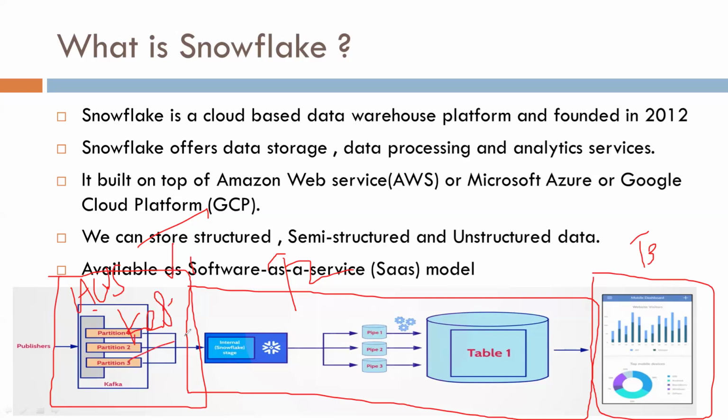From AWS, first you are going to load the data into stages. From stages, you are going to create the pipes. Pipes are created for continuous data loading. So whatever data sits in AWS, automatically you're going to read it and store it into our tables.